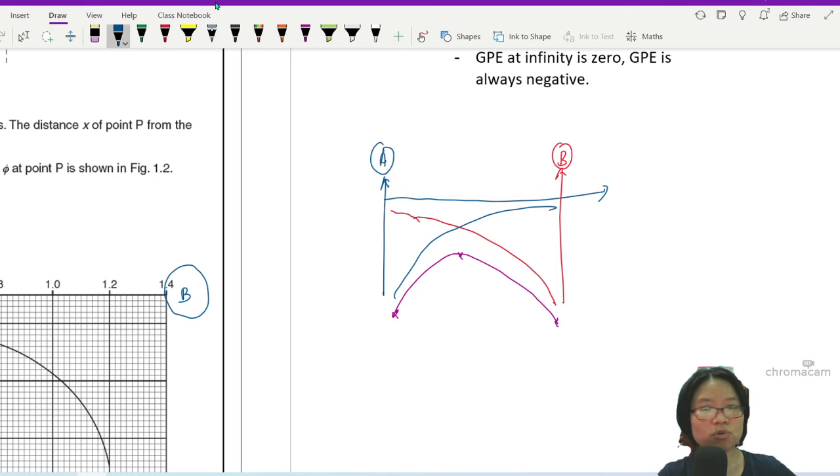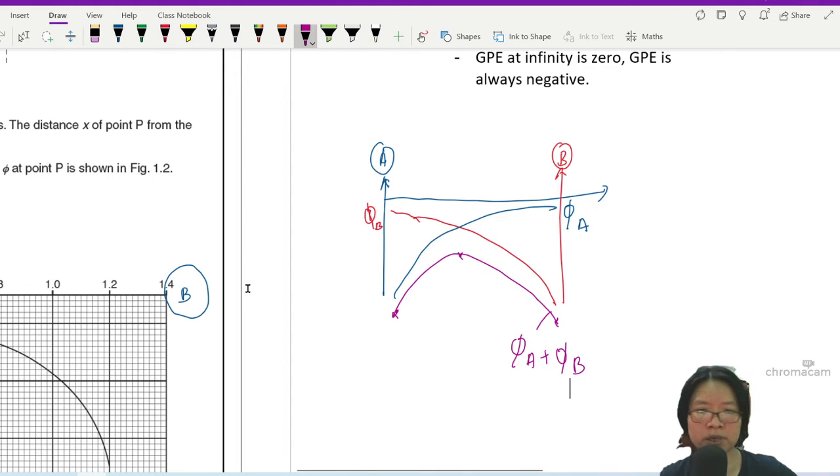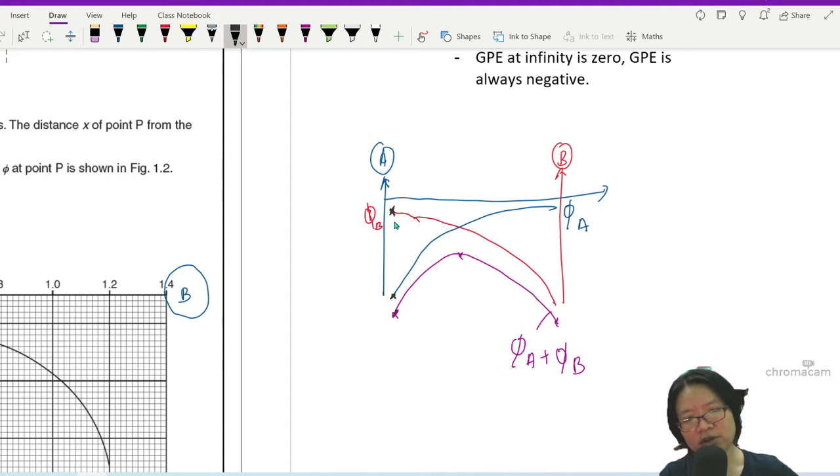So let me label for you. This is the potential of A, and this is the potential of B. And this purple graph is the potential of A plus the potential of B. So I just take a few points only. I take this point, small negative plus big negative gives a slightly bigger negative.